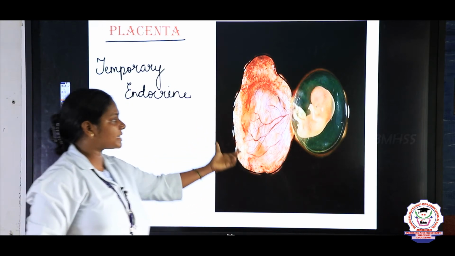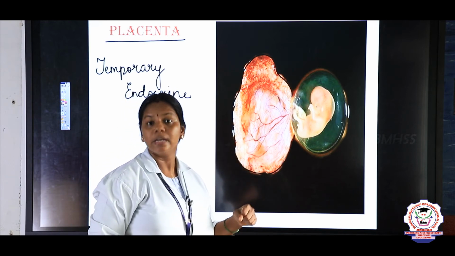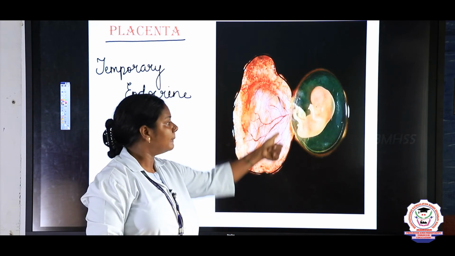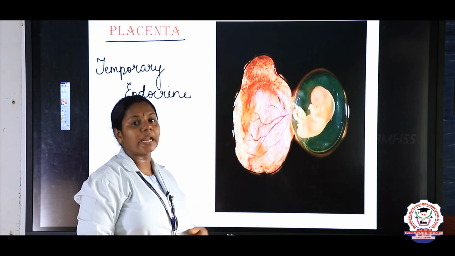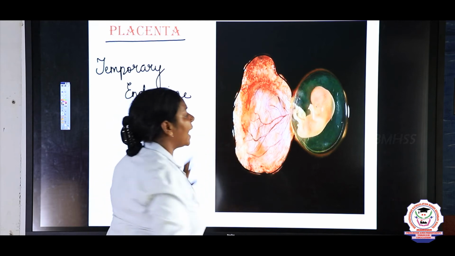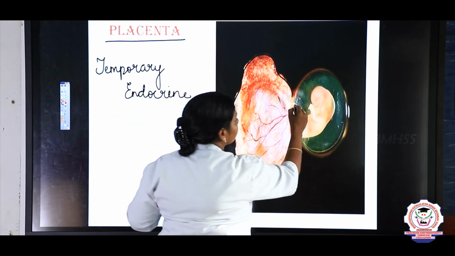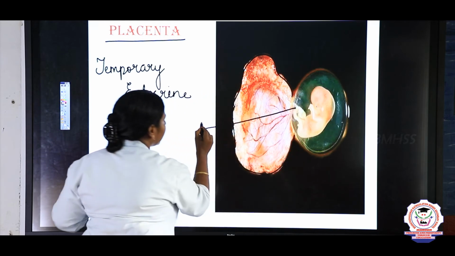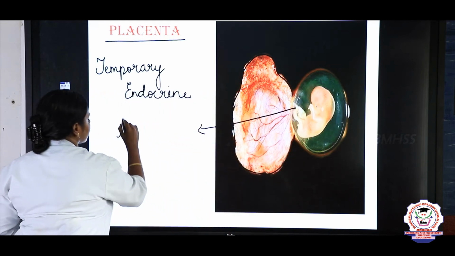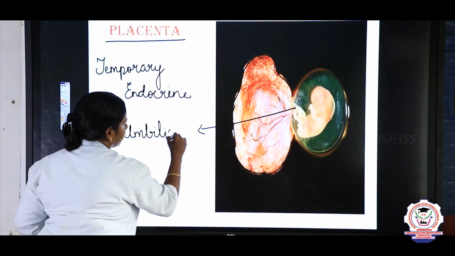Likewise, this placenta secretes some hormones at the time of pregnancy. So, we call this a temporary endocrine gland, and the placenta is disc-shaped and it is connected to the fetus by means of the structure called the umbilical cord.